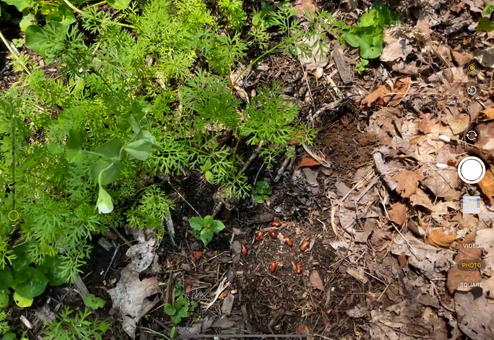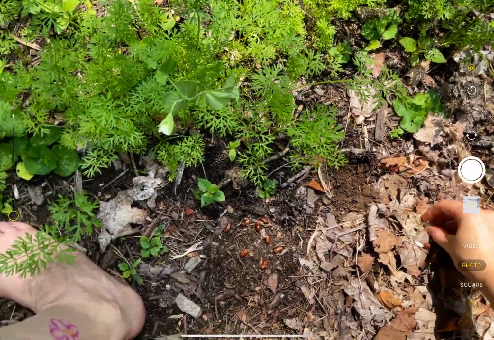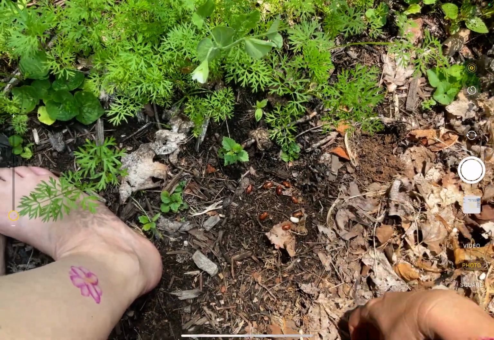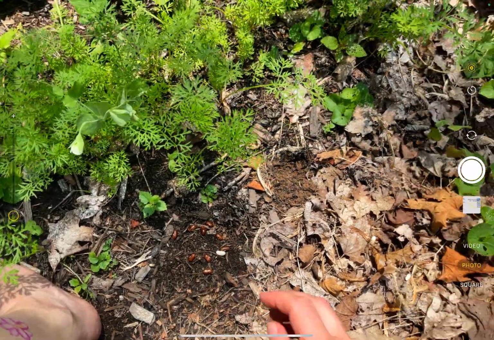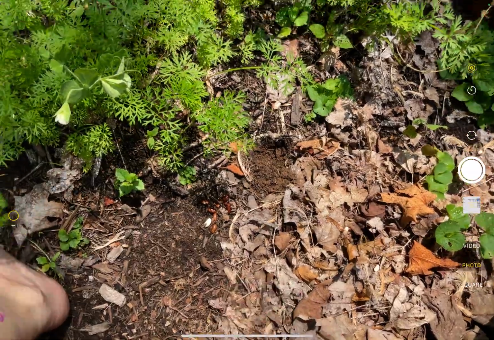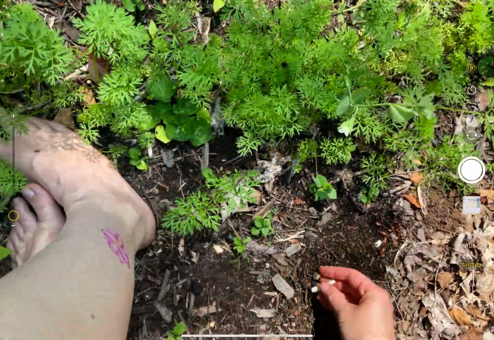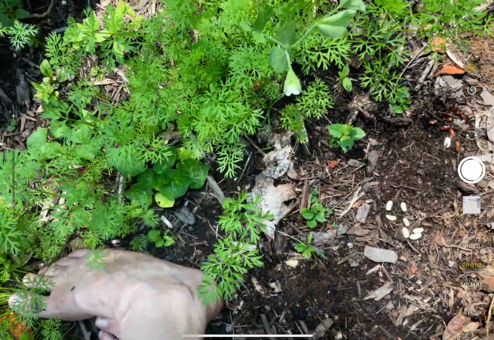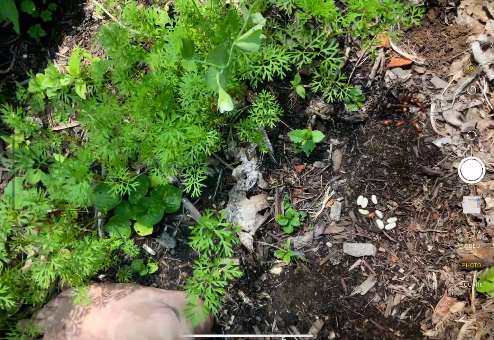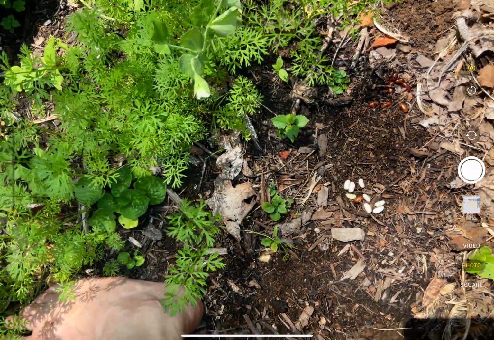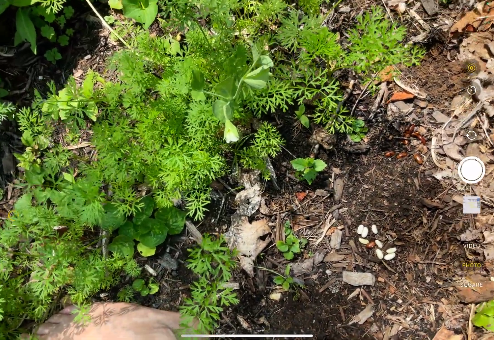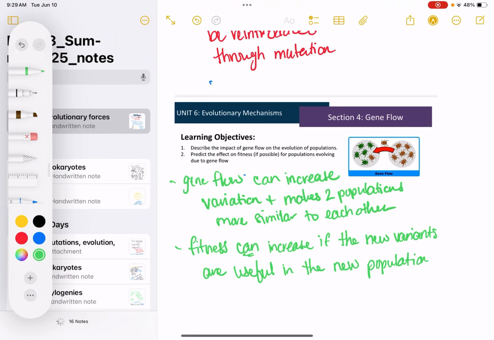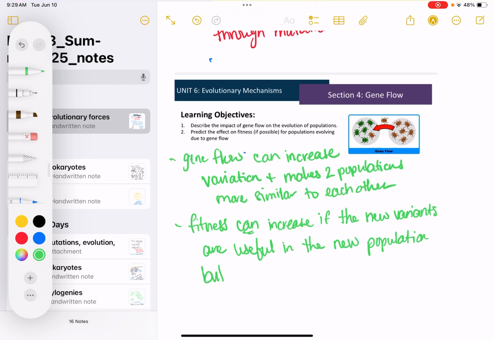Right here I had my brown individuals, and when I had new brown and white individuals coming in, the white variation didn't increase the fitness of the population. It actually decreased the fitness in this population. But you can imagine a situation where instead we had all white individuals in this population, and then when we introduced a variant, that brown individual, it actually could increase the fitness of the population. So the gene flow itself is going to be pretty random for the most part, but then selection can act after that to have the population increasing or decreasing. So fitness can increase if the new variants are useful in the population, but that just isn't always the case.